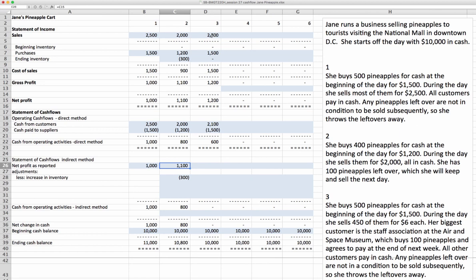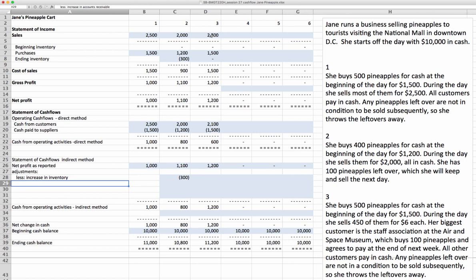And again, let's copy this across. We can see that the net profit as reported was $1,200, but the cash from operating activities was only $600. Well, why is that? It's clearly not anything to do with an increase in inventory, it's the build-up in accounts receivable.